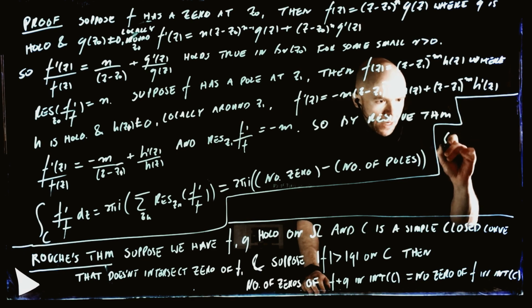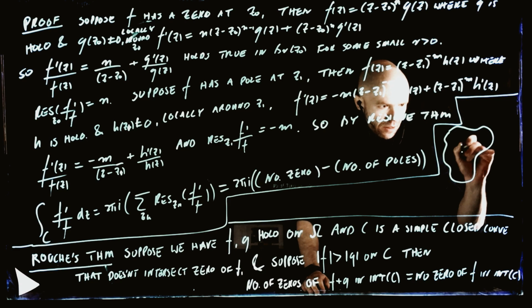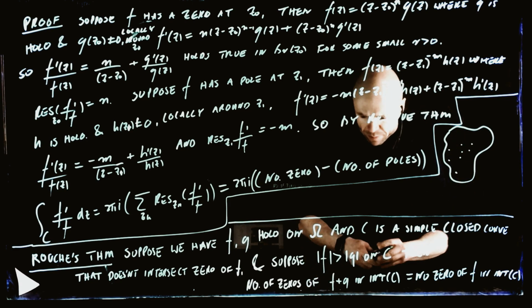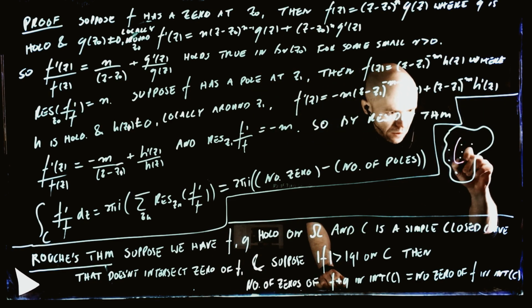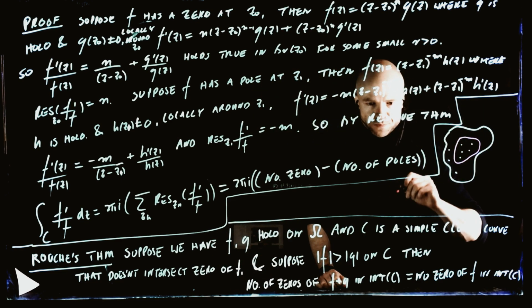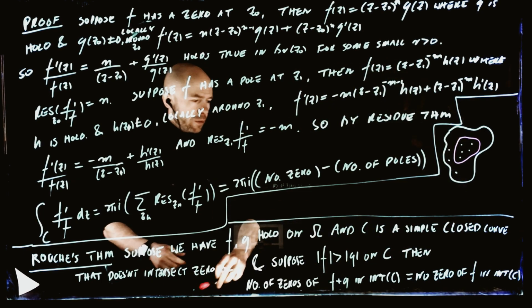we have some sort of domain like this, and we have a closed curve that doesn't hit any of the zeros of F. It can be some outside, but the closed curve messes them like this. And we have two functions, F and G, holomorphic on omega.